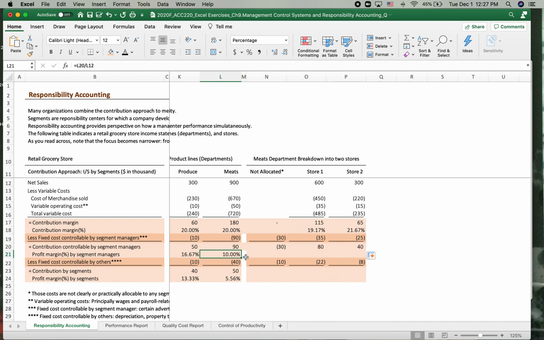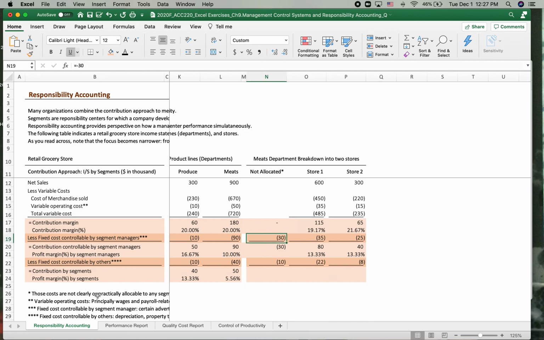But in terms of profitability, it's exactly the same. So when we evaluate these segment managers, there are no differences. This 13% and 13%, except for the not allocated.